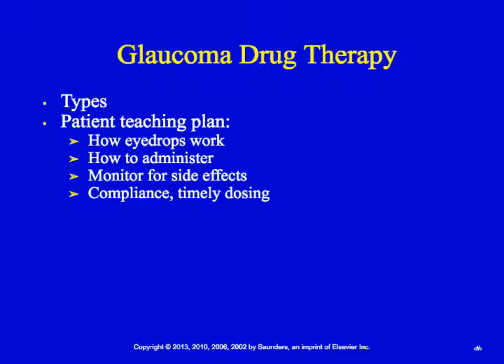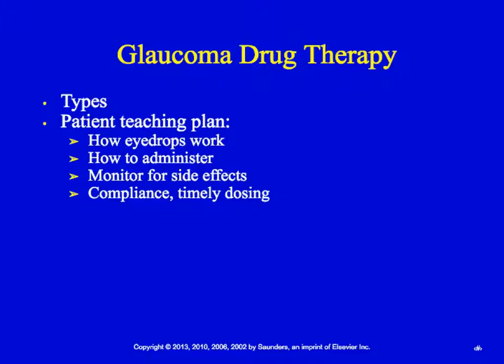Diabetic patients need to make sure they monitor their blood sugar levels and check their pulse too. If their pulse is getting low and they're on an oral beta blocker, those two together could really lower their pulse. So they need to make sure that they monitor that. So take a look at that table.